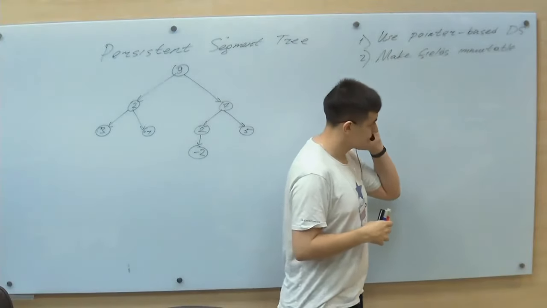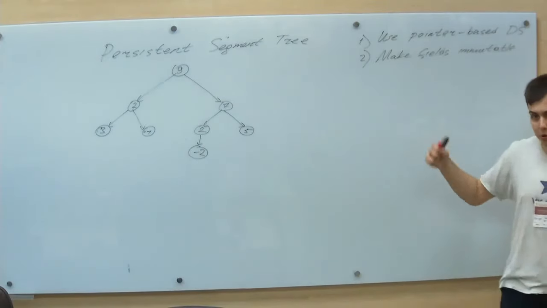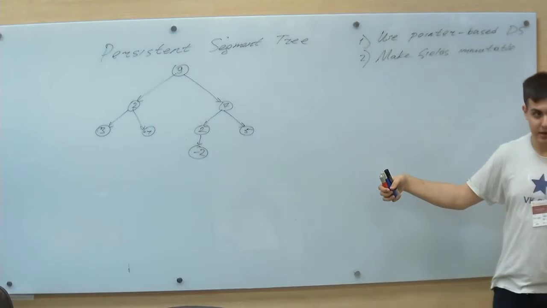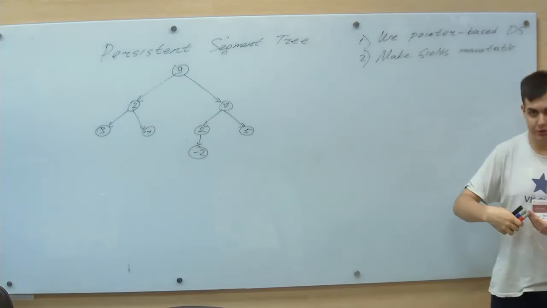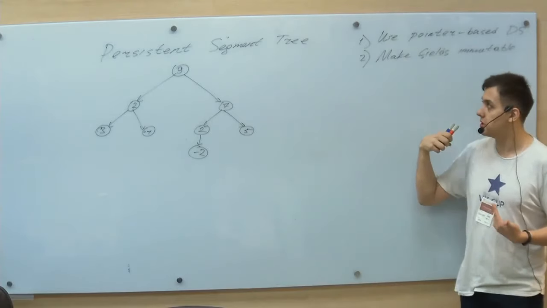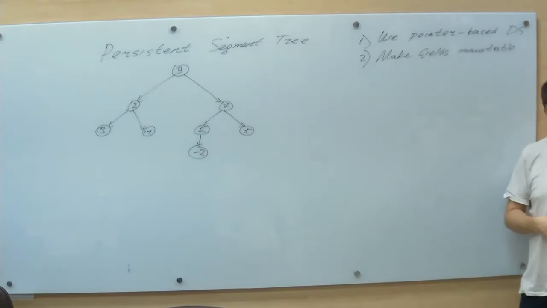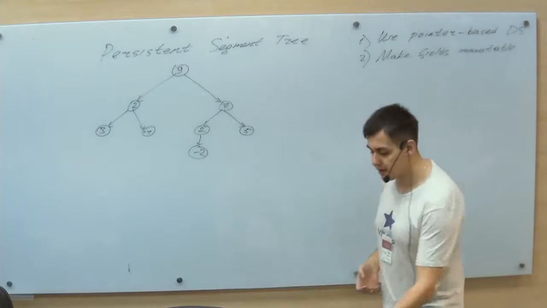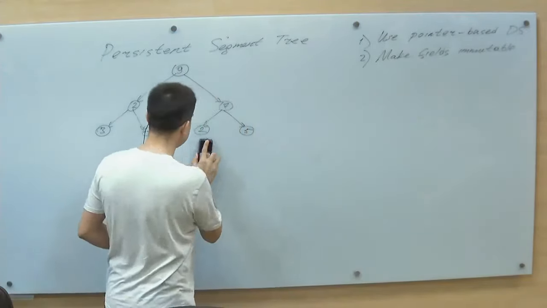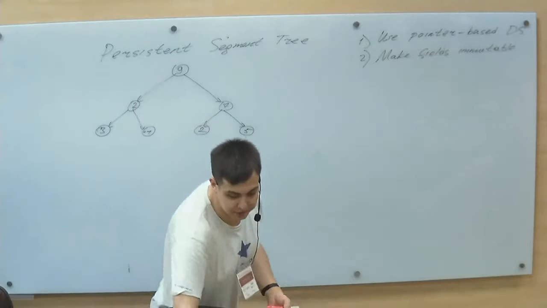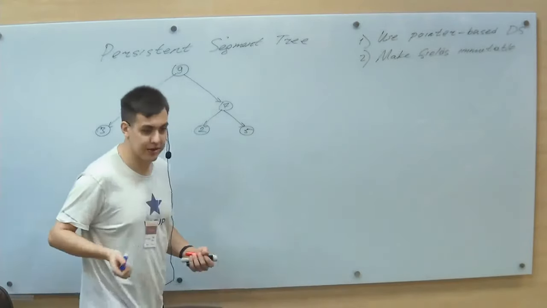And if you never change them, all the old versions are correct, and the new versions are created by just copying some of the old nodes. So we'll use this paradigm for now. There is another paradigm, but we'll use the copy nodes technique for now.